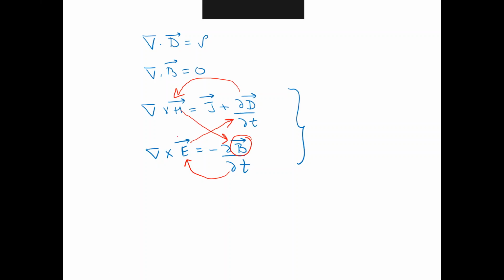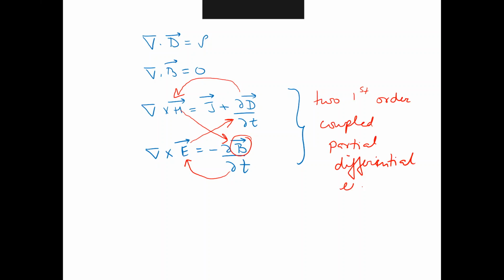So if you look at these equations, these are two first order coupled partial differential equations. And you notice that the interplay between space and time variation creates an electric field in space.